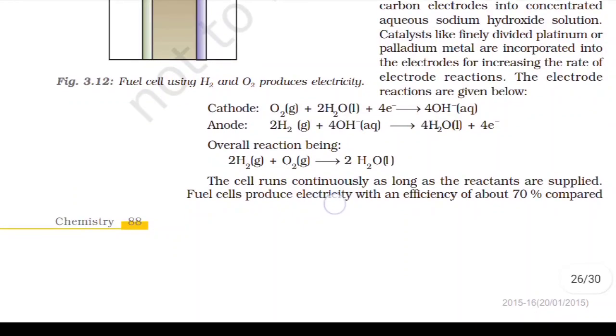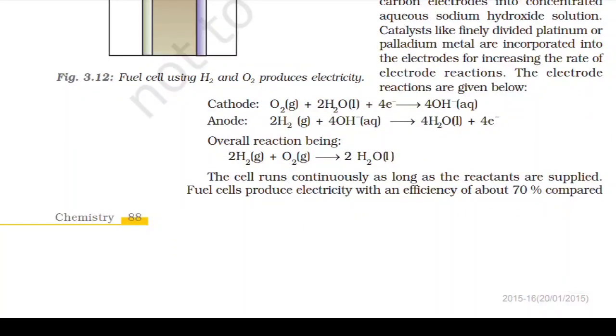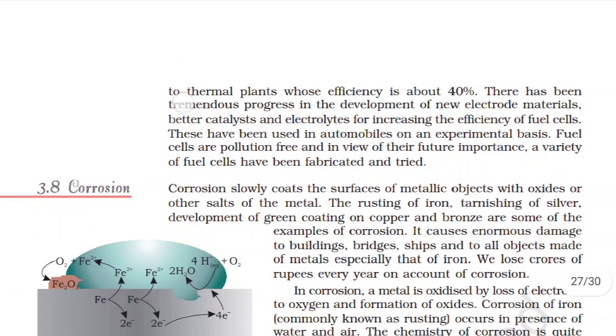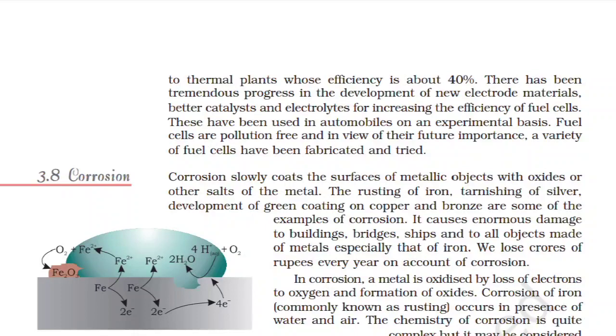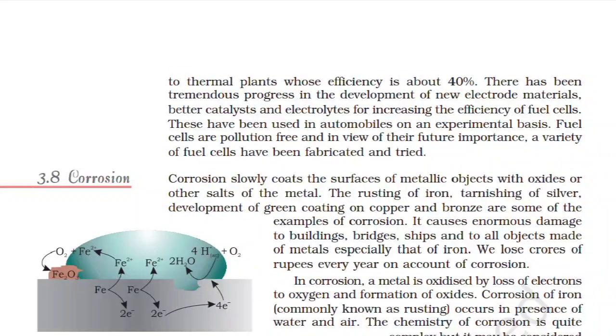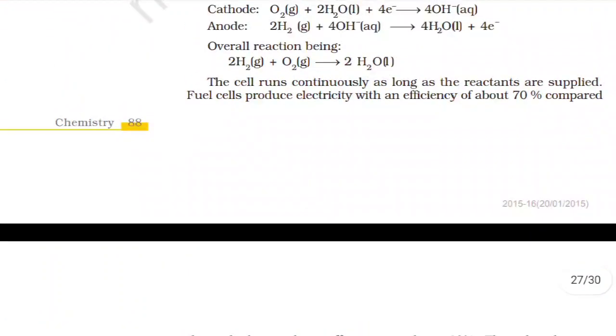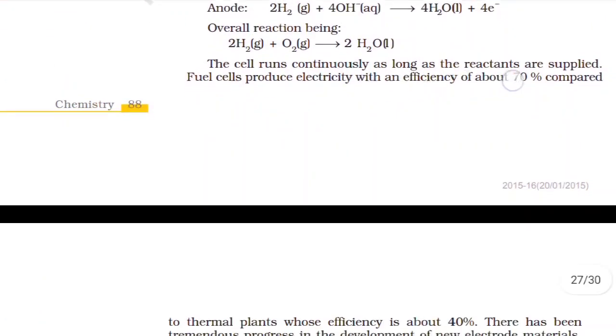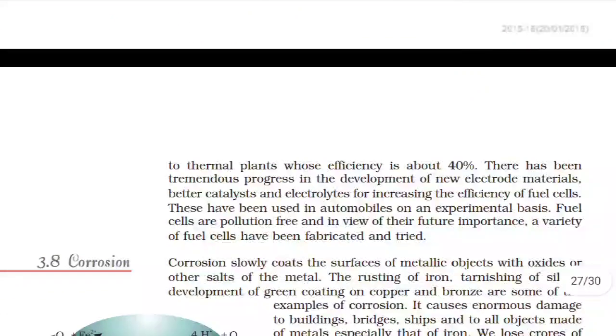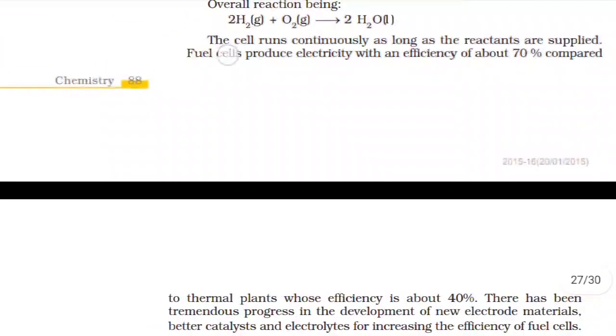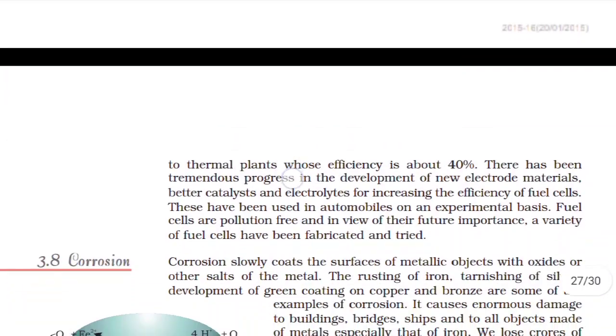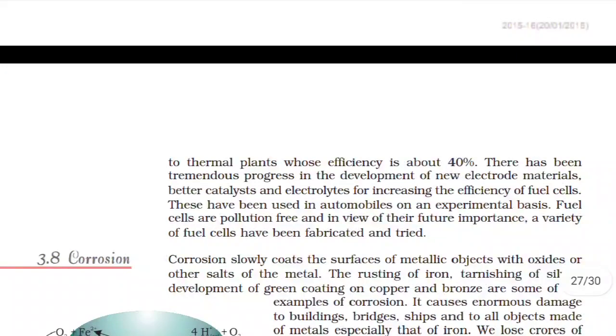Fuel cells produce electricity with an efficiency of about 70%, compared to thermal power plants, which produce only 40%. This means fuel cells give high efficiency current, while thermal power plants are producing only 40% efficiency.